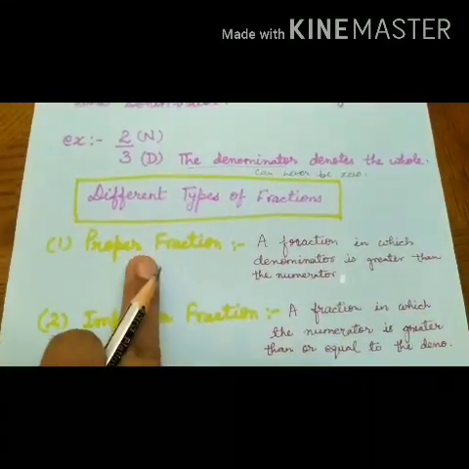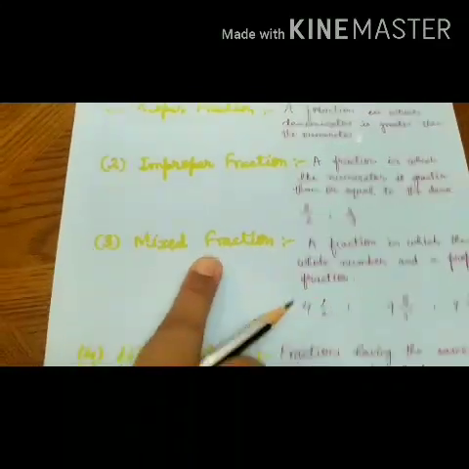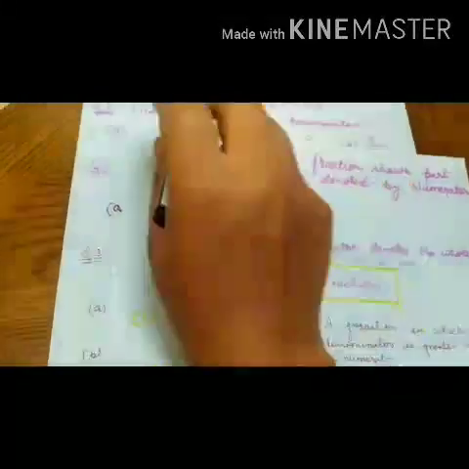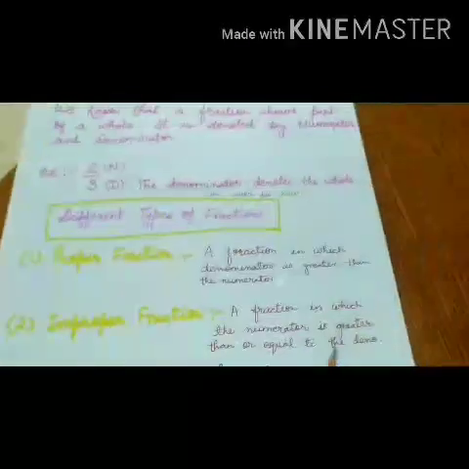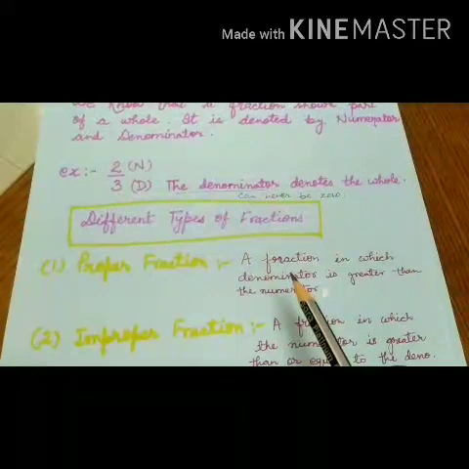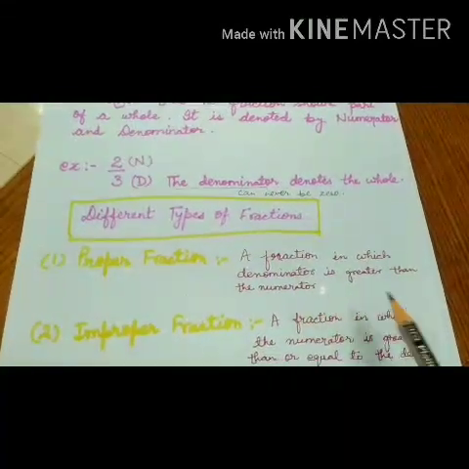So the first type is proper fraction, second is improper fraction, third is mixed fraction, fourth is like fraction, and fifth is unlike fraction. So first we are going to learn about proper fraction. What is a proper fraction? See the definition: a fraction in which the denominator is greater than the numerator.